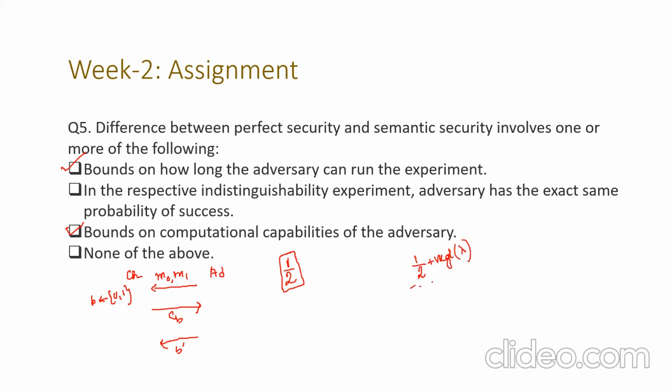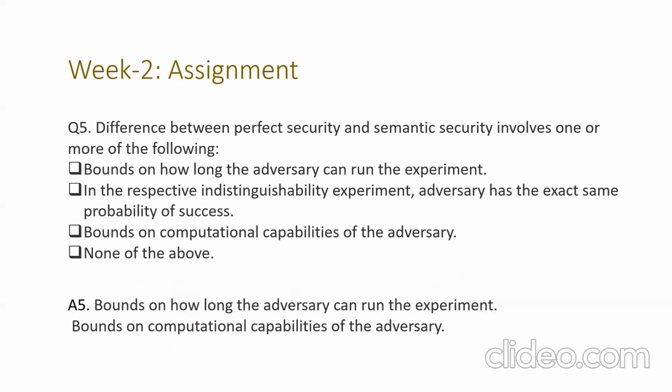So they are different. We compromise a bit in the computational secrecy world. We allow the adversary to have a negligible amount of advantage in this game, some more probability than half which is a negligible function. So this statement is wrong.